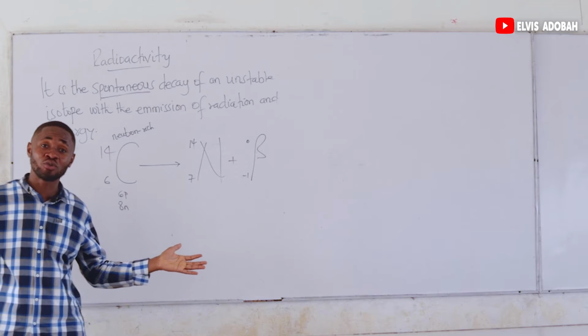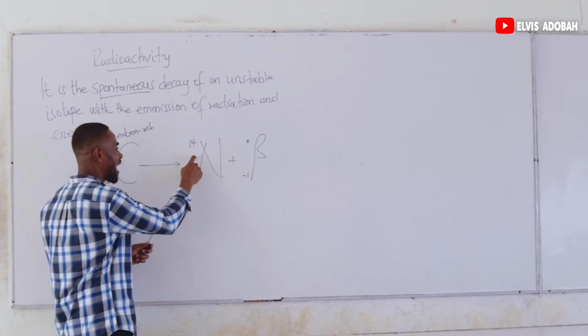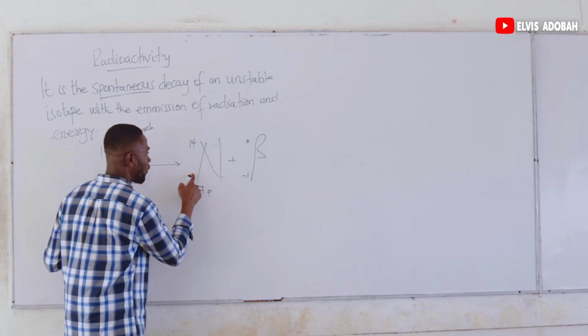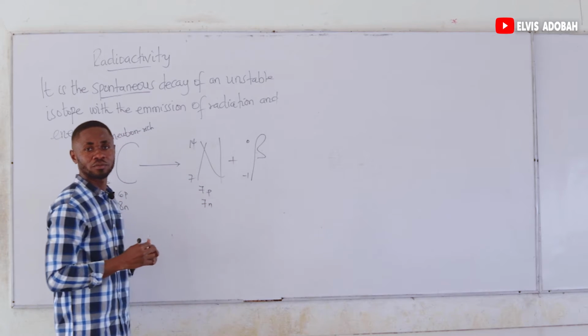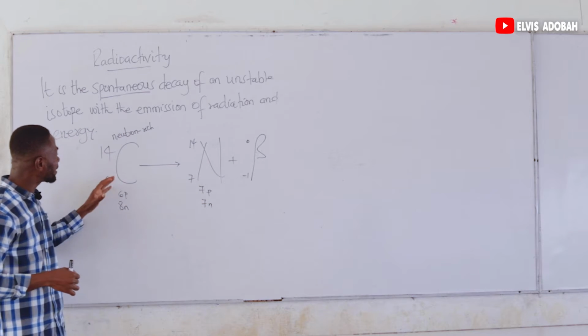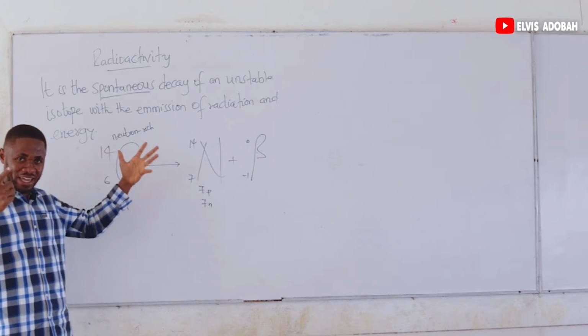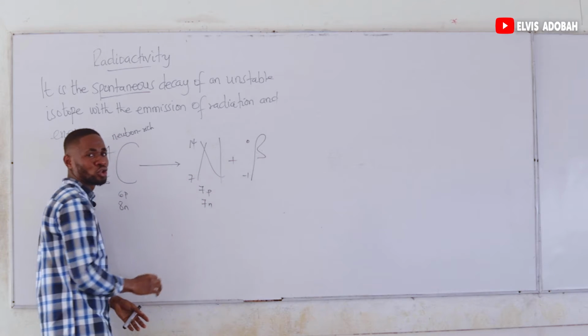What stable isotope are we going to form? We have an isotope of nitrogen here, with 7 protons, and the number of neutrons, 14 minus 7, gives us 7. So after this neutron-rich isotope decayed, it formed a more stable isotope.